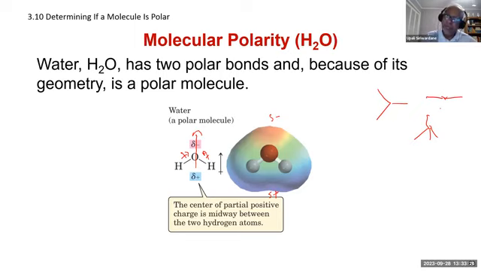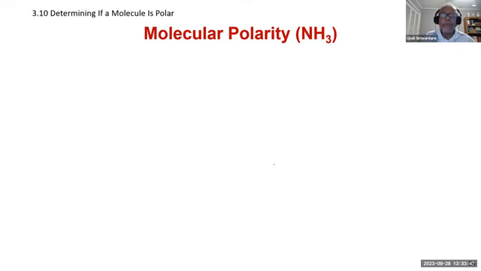Polar bonds arranged in linear, trigonal planar, or tetrahedral shapes cancel. Water has a bent, angular molecular structure. The polar covalent bonds don't cancel out.